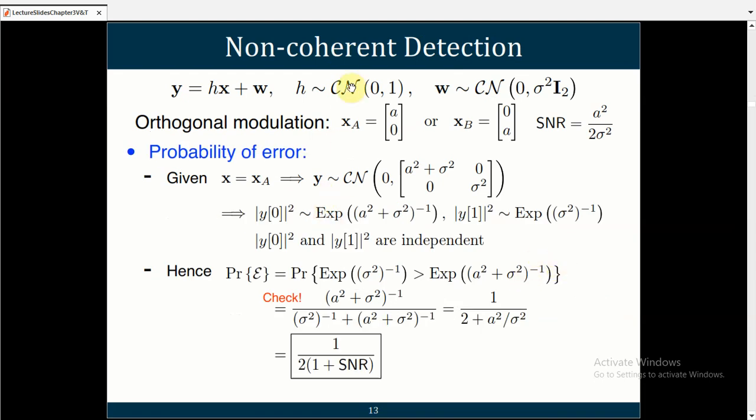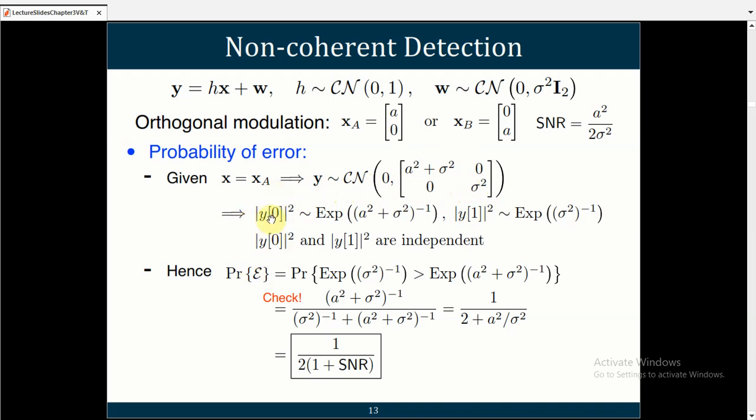So now we will calculate the probability of error. If x is equal to xa, y would be given as a complex normal distribution with mean 0 and this variance matrix. So what is the distribution of |y0| squared?